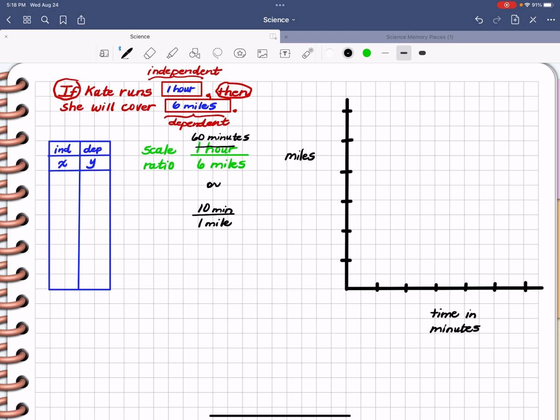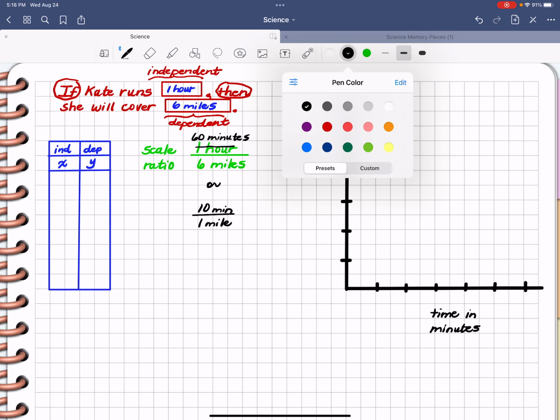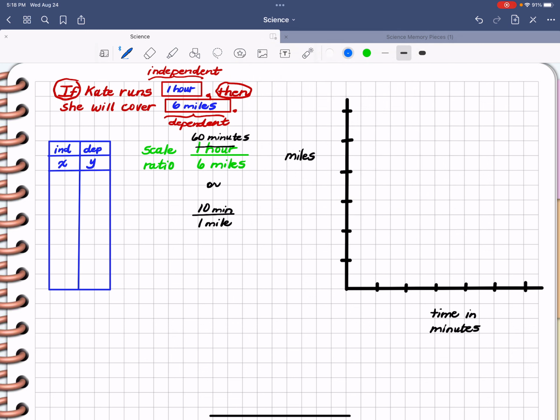Okay, and back to my input-output table. Let me go ahead and put in another line here. Because we know that X is our minutes. That's the one that she has control over. If I choose to run for this many minutes, this is the number of miles I will cover.